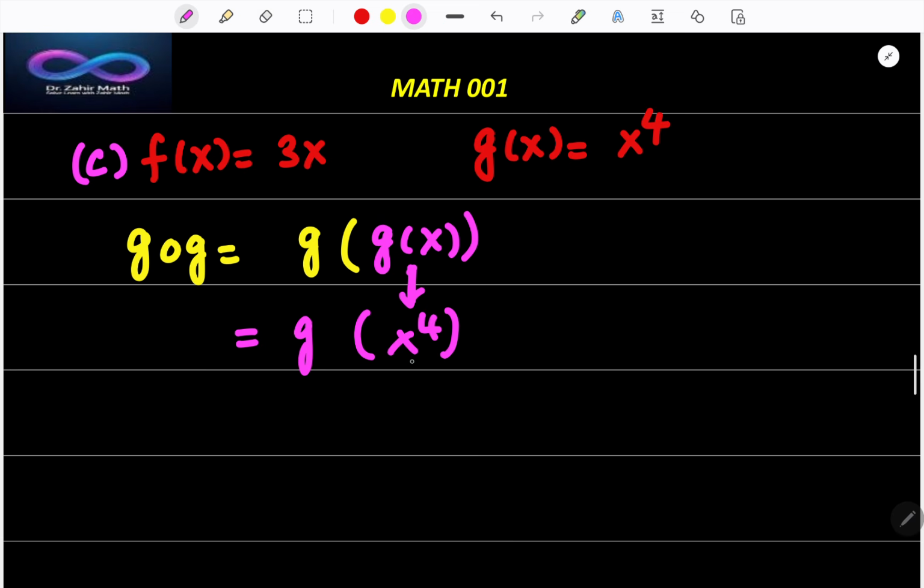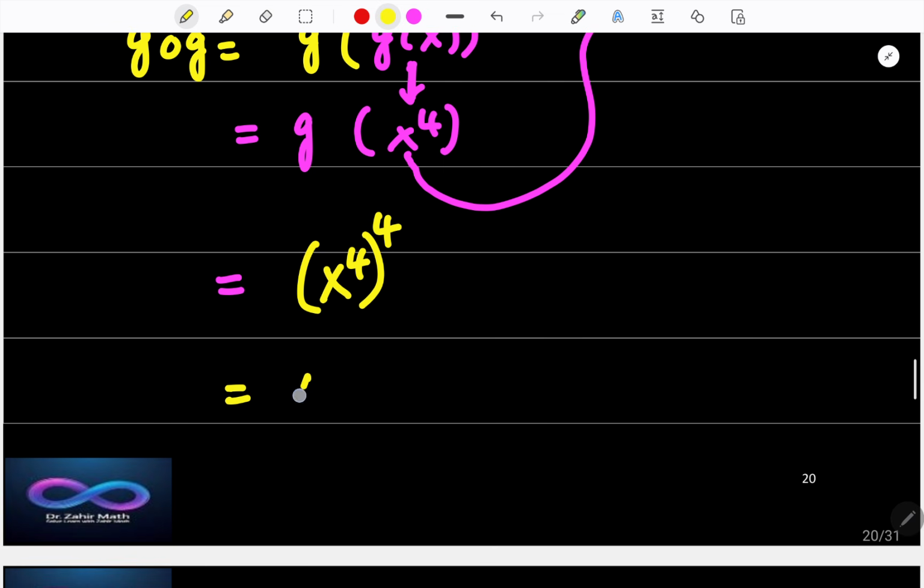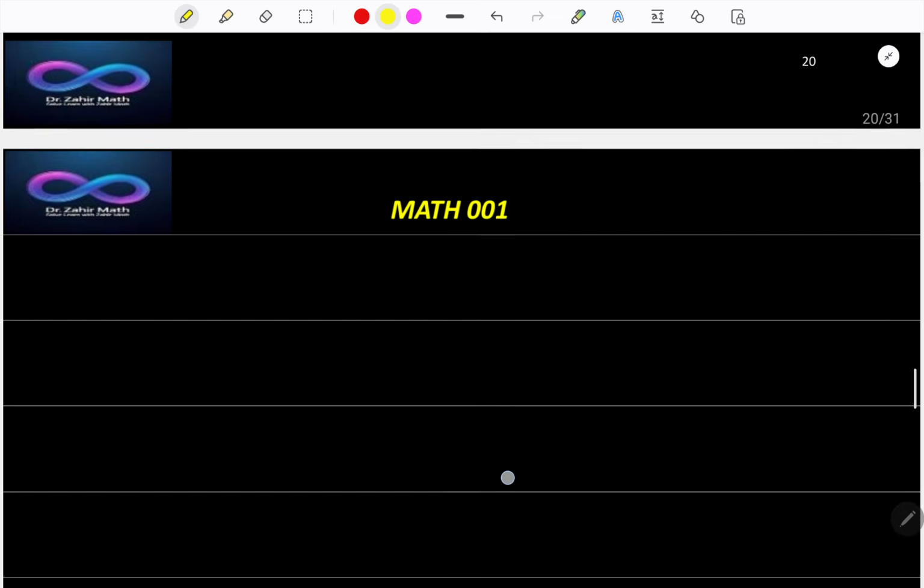Now this x power 4, you are going to put in, sorry, not in f, in g. So this x power 4, you are going to put in the place of x. Keep in your mind, after that, this 4 you are going to get. So this equals x power 16. Clear all of you? Right.